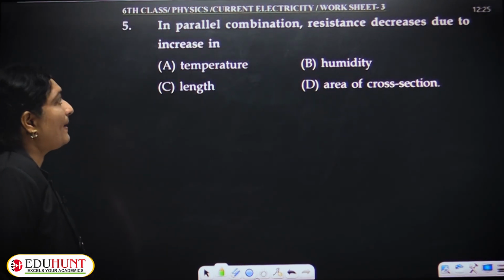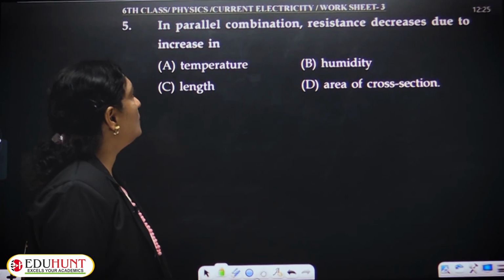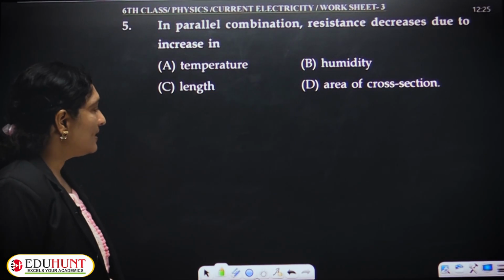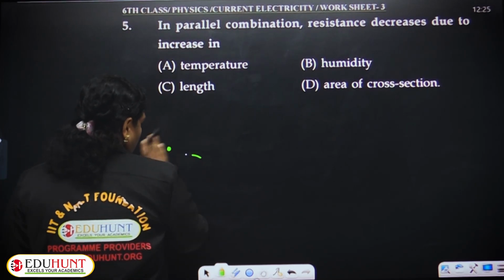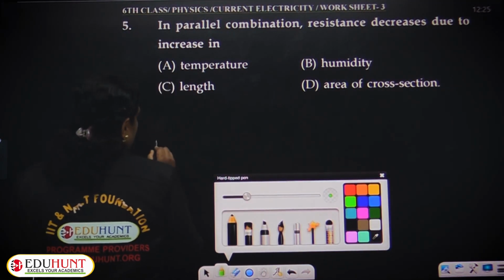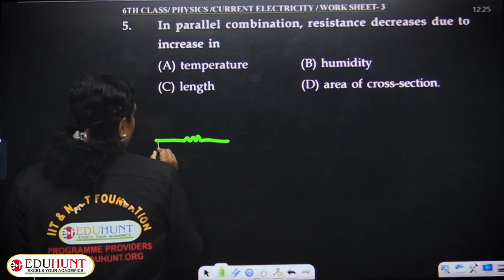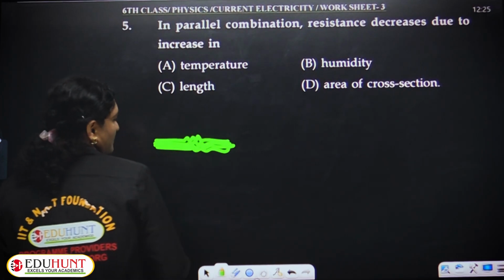Well, in parallel combination, resistance decreases due to increase in what? If you observe, let me mark it in a better way. This was your resistor, and another resistor, and one more resistor. Four resistors I have considered.